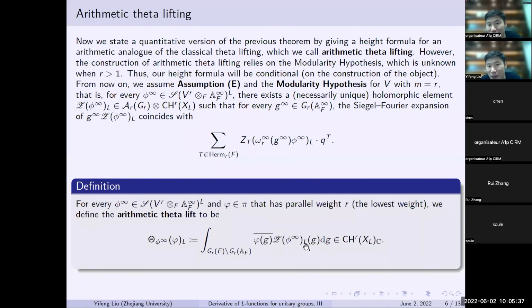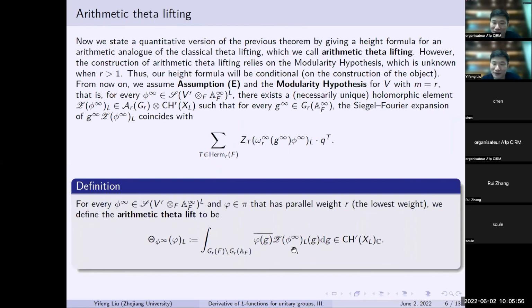This term has parallel weight. This cannot be changed. So if you don't take parallel weight and you take a convolution, it's 0 most likely. So this theta lifting can only see... those weights that are not parallel? No. The theta lifting only sees the minimal vector.